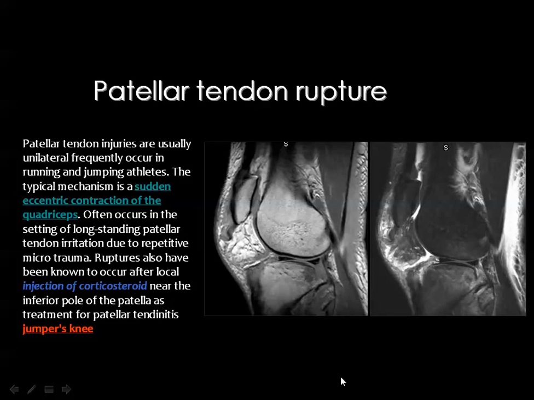Then you know that rupture of the infrapatellar tendon may also complicate local injection of corticosteroids near the inferior pole of the patella as a treatment for patellar tendinitis, which is known as the jumper's knee, as I will say in a moment.